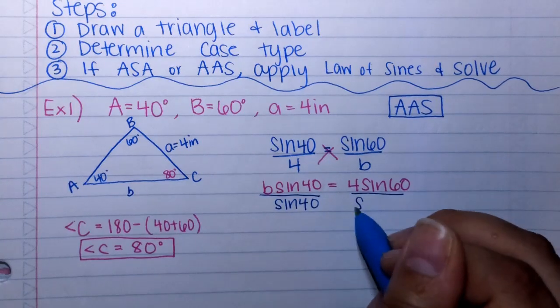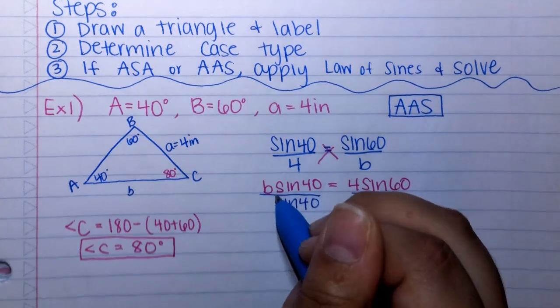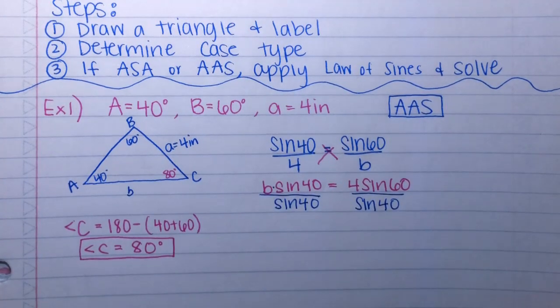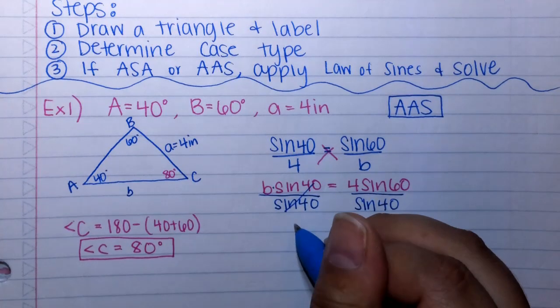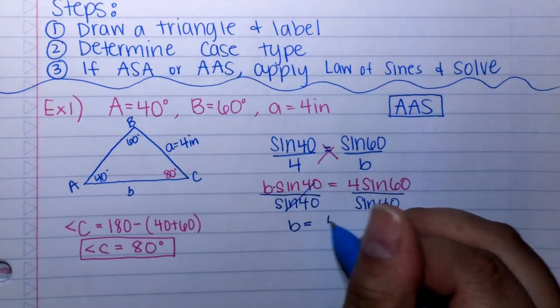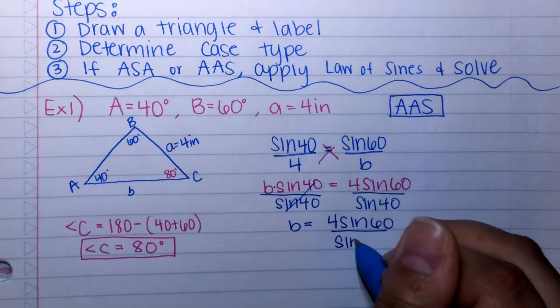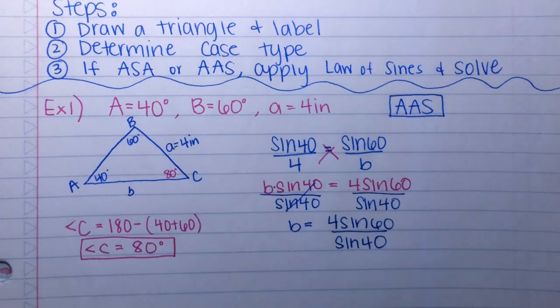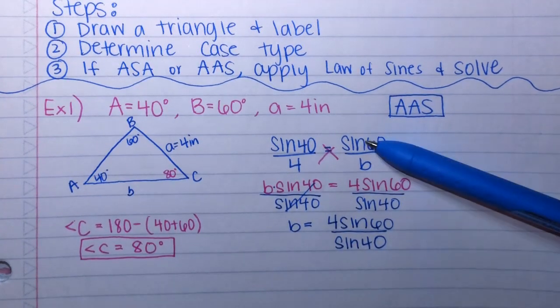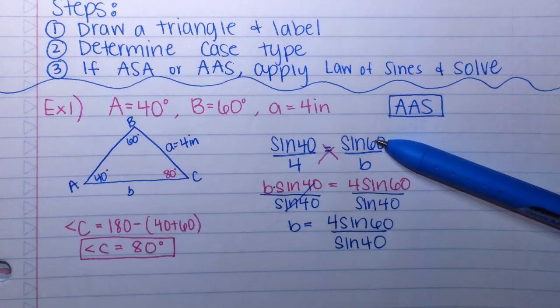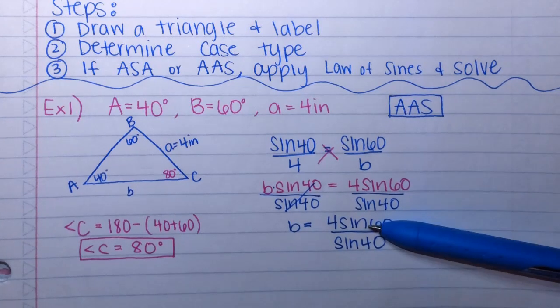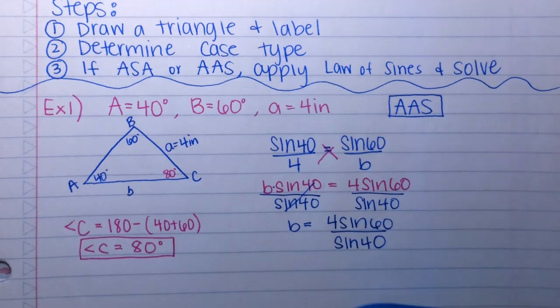Divide. They are multiplying, so we have to do the opposite and divide. So b is going to equal 4 sine of 60 over sine of 40. You must show your proportion. You must show me some type of work, and then you can give me the answer.